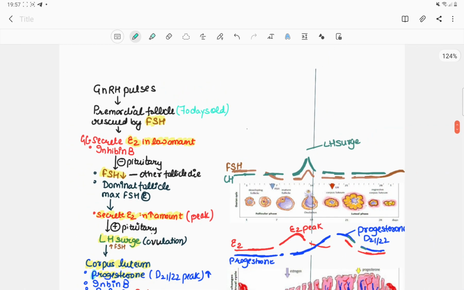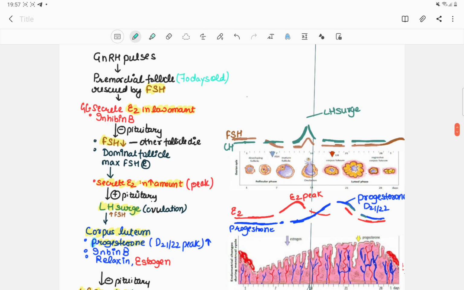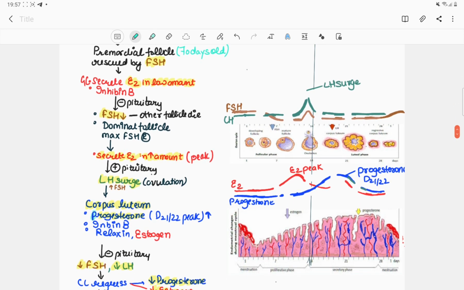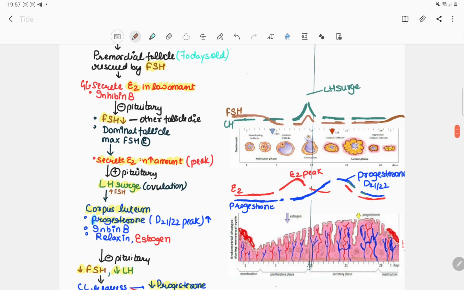Let's discuss our menstrual cycle. As you know, it starts when GnRH pulses are there. After this, primordial follicles which are already present in the ovary get rescued by follicular stimulating hormone, and this will release estrogen in low amount along with inhibin B, and this will lead to negative feedback on the pituitary, and this will lead to decrease in the level of follicular stimulating hormone.